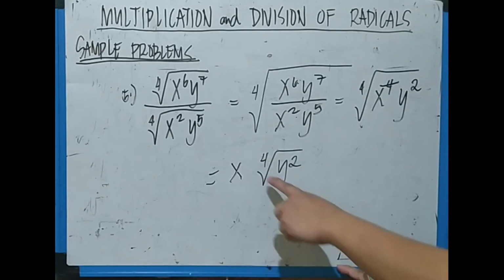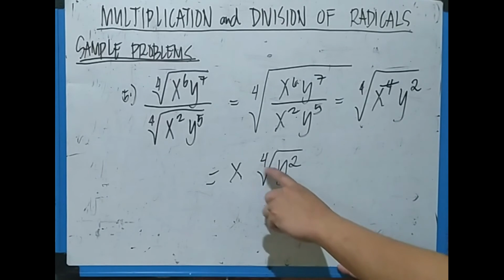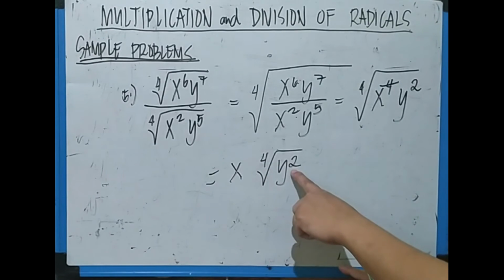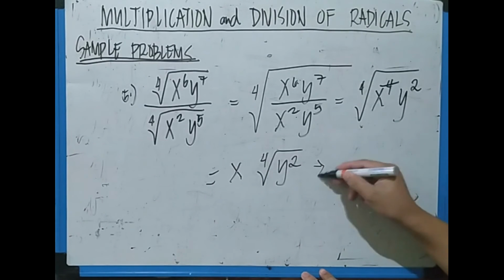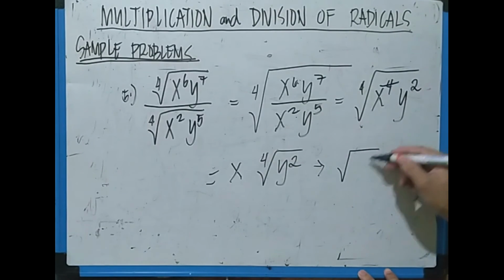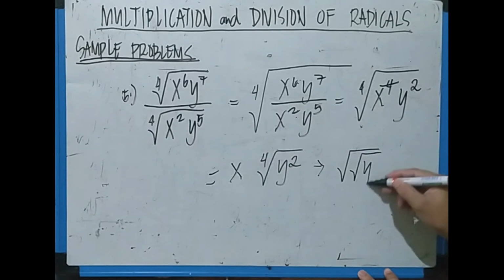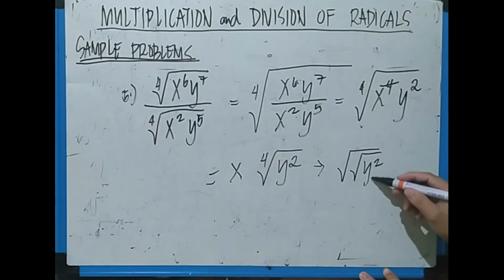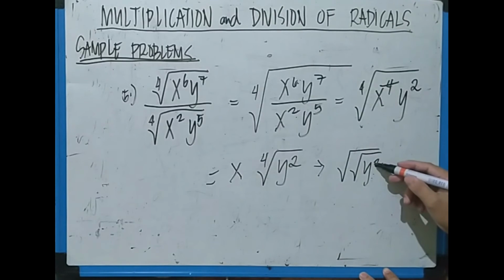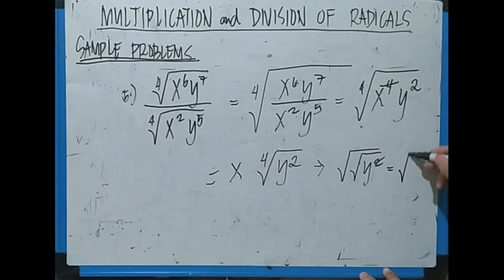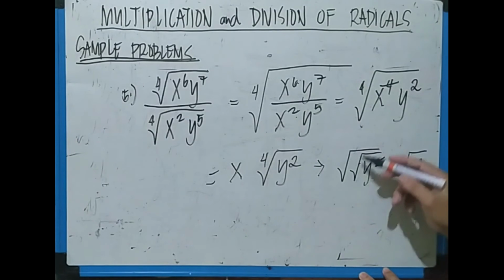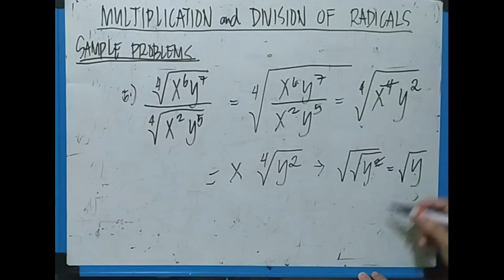But we can simplify further, since it has an exponent of 2: the 4th root of y squared is equal to the square root of the square root of y squared. Since the square root of y squared is y, we cancel because the index is 2, and this becomes only the square root of y. So the 4th root of y squared is equal to the square root of y.